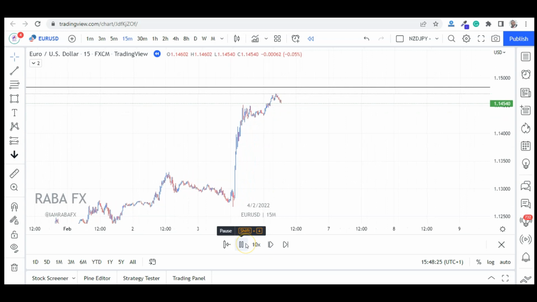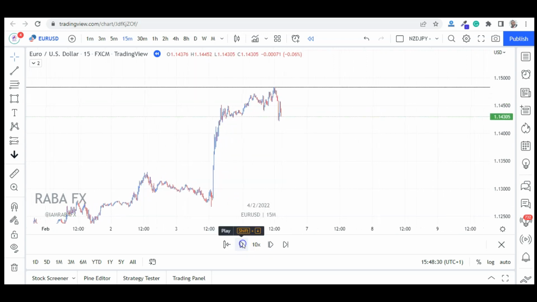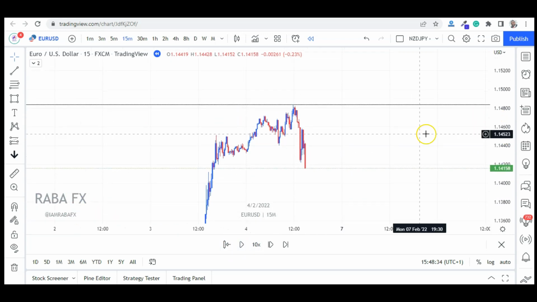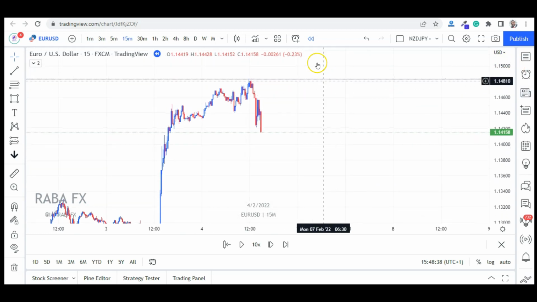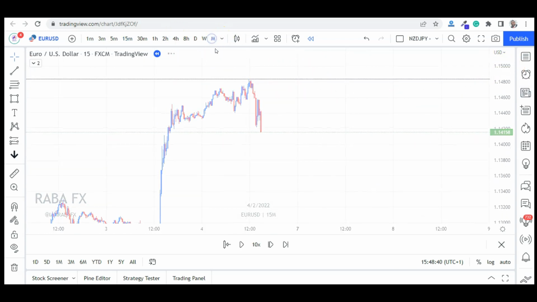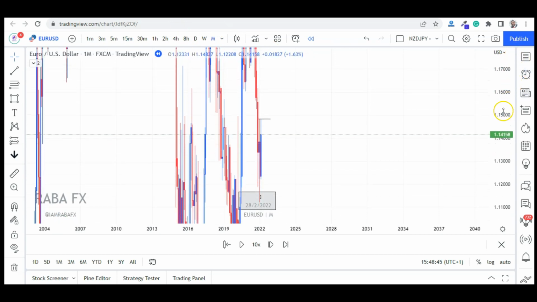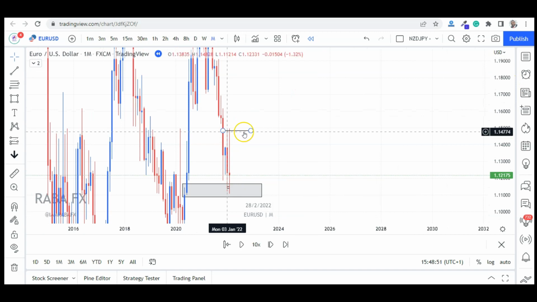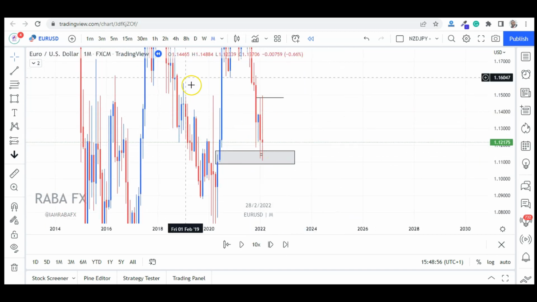Now the moment price gets to that target, this is where things get interesting. Your monthly time frame has now fulfilled its objective by taking out this I. Therefore, you want a scenario whereby price will come to this downside.